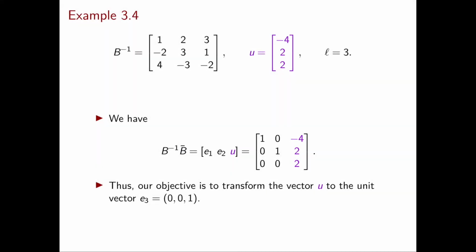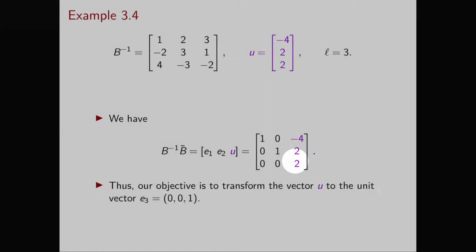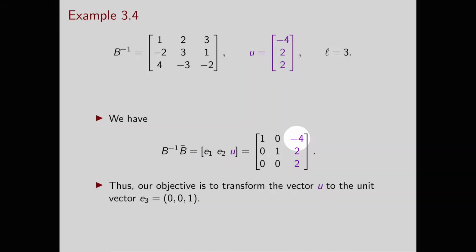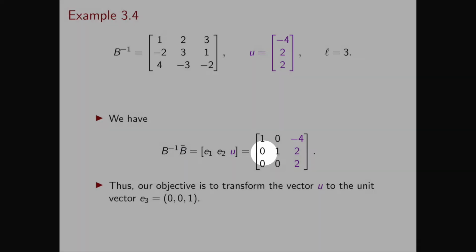Therefore, our objective is to transform the vector u into the unit vector E3, which is 0, 0, 1. Next, we want to replace the minus 4 with the 0. To do that, we simply need to pick the third row, multiplied by 2 and added to the first row. Next, we want to replace this 2 by a 0. In order to do that, we multiply the third row by minus 1 and add it to the second row.